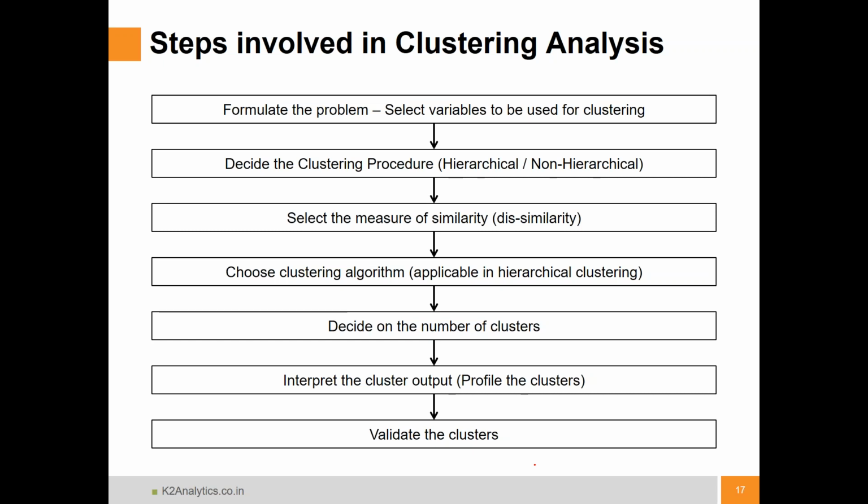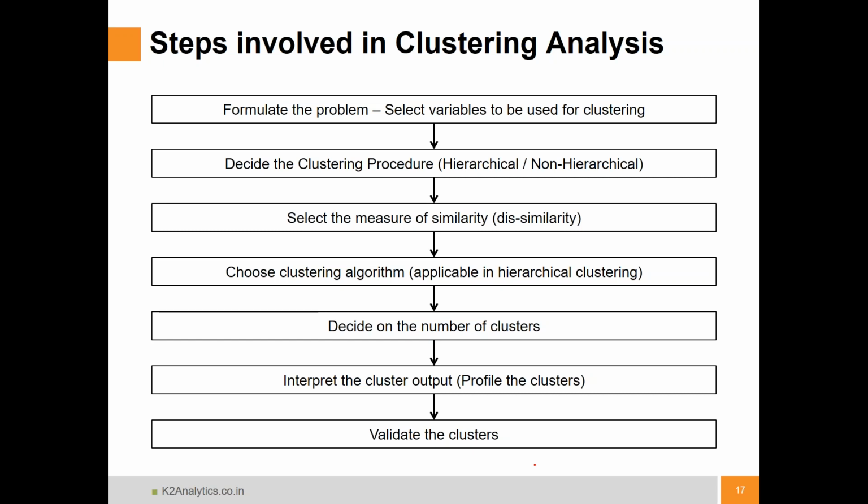Third step is what measure of similarity we have to consider. There are various methodologies which have been proposed: Euclidean distance, Manhattan distance, Chebyshev distance, and a few more. Which distance measure do you want to use?